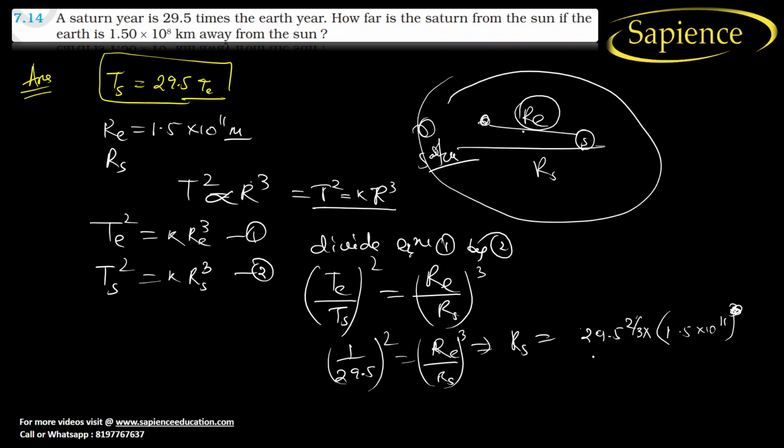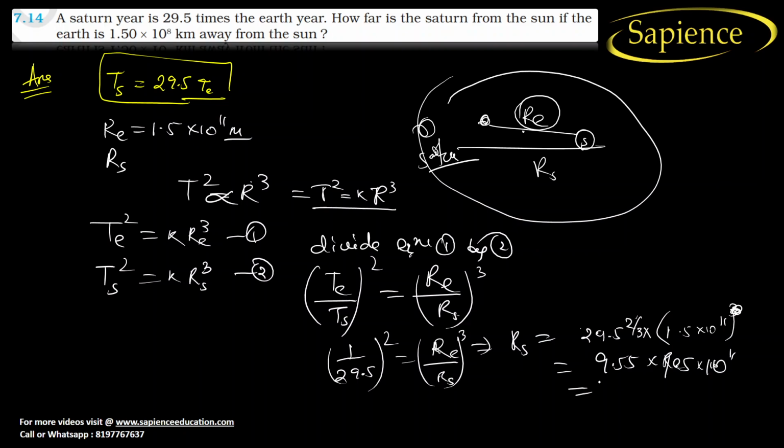So this will be, here we can write 9.55 RE. Finally, we can put RE as 1.5 into 10 power 11.